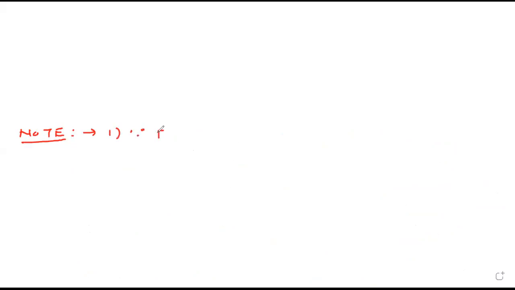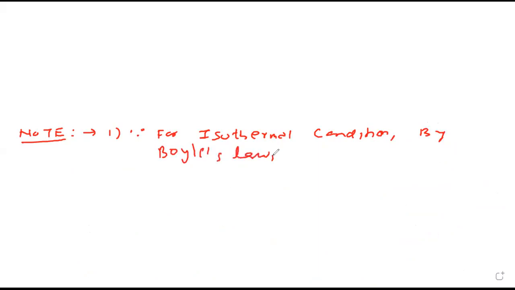Now, for isothermal condition by Boyle's law, P initial V initial equals P final V final.